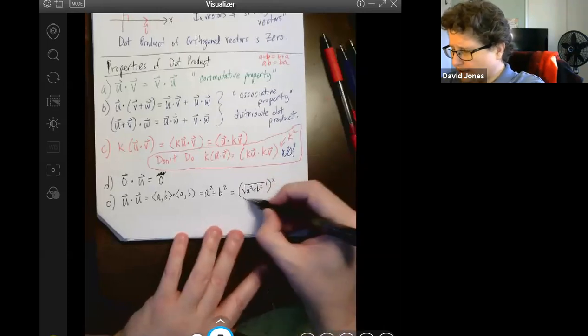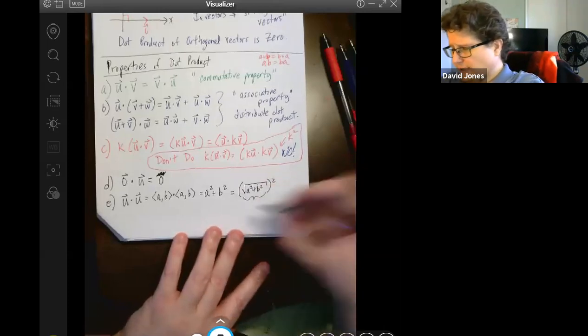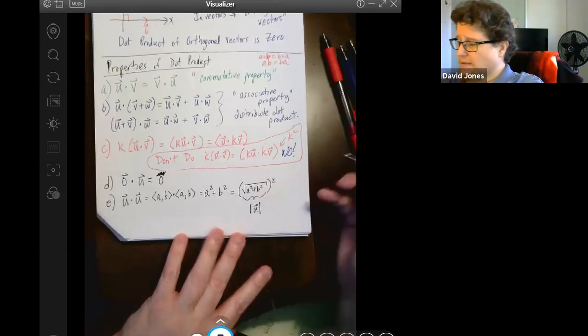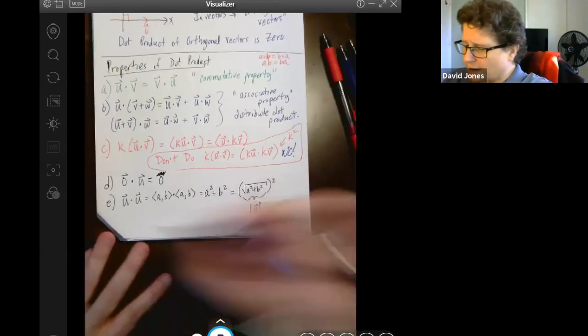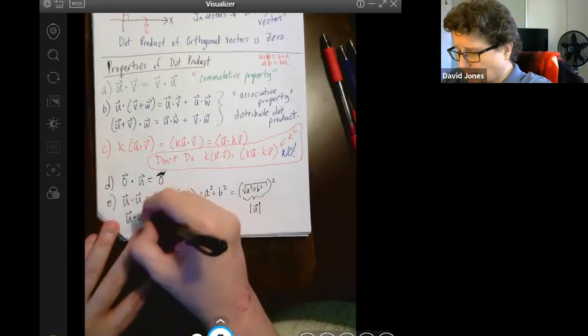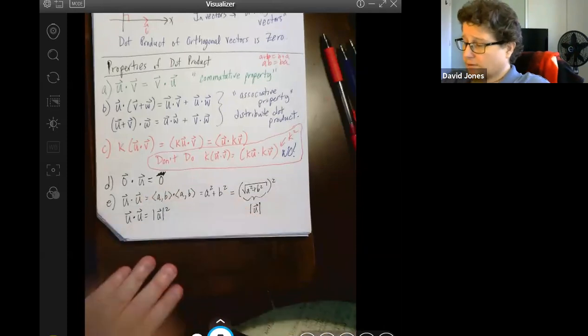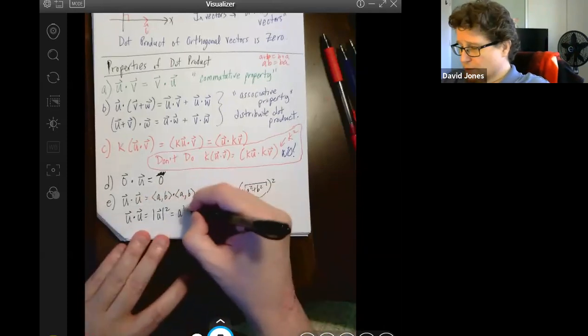What is this right here? That's the magnitude of u. So another way they often write u dot u is it equals the magnitude of u squared, which is a squared plus b squared.